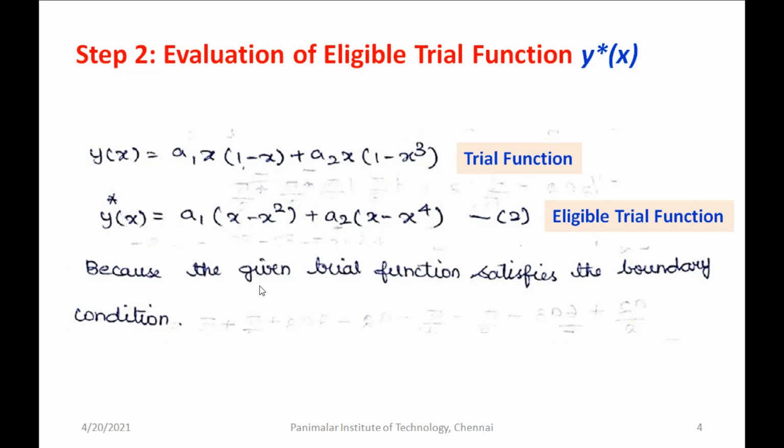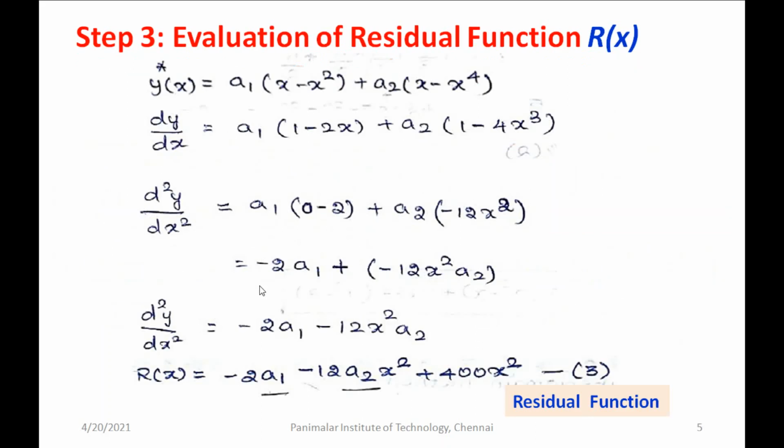Now coming to the next step. After knowing this eligible trial function, we have to evaluate the residual function. If you substitute this trial function into the governing differential equation, then the governing differential equation becomes the residual function. So now y star of x equals a1 into x minus x square, plus a2 into x minus x power 4.